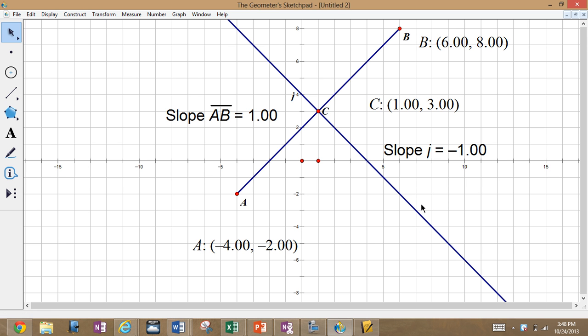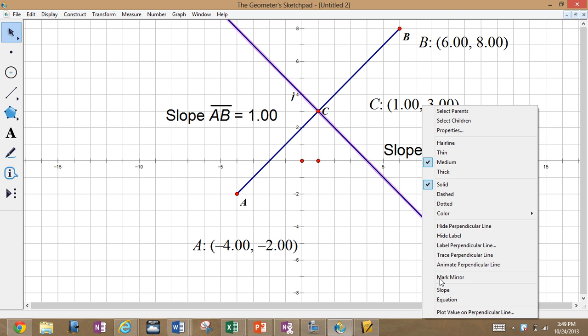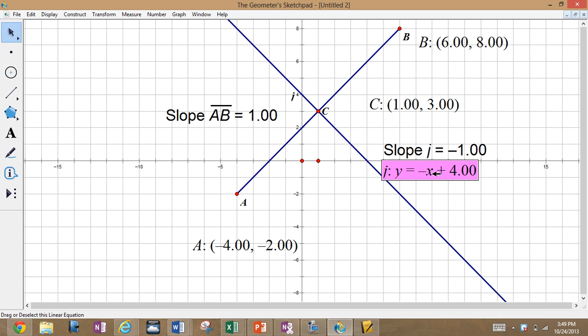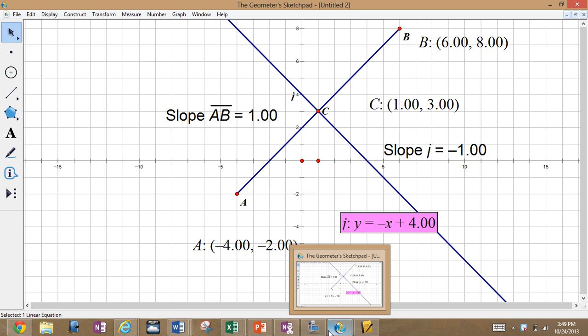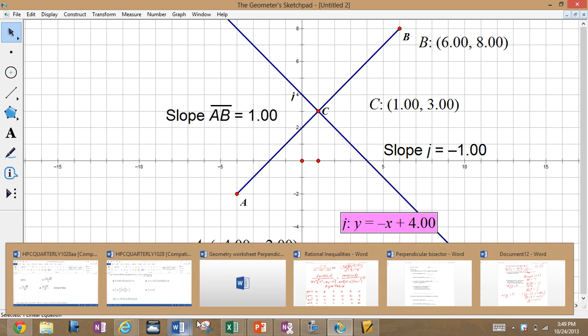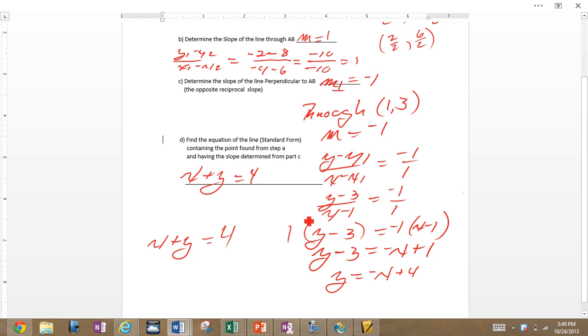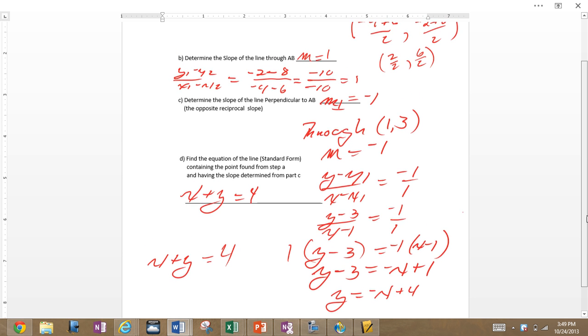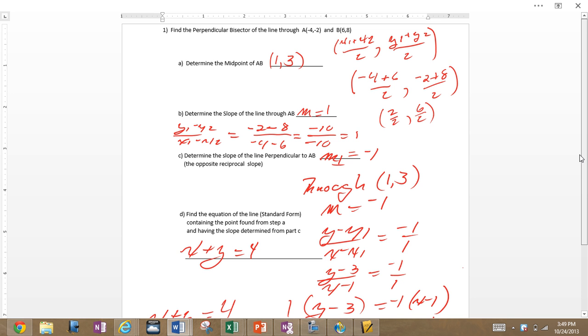Here we are. The equation of this line is exactly as we said, y equals -x plus 4, which coincides with the work we found here. And that's how we find the equation of the perpendicular bisector of a segment. Step by step: find the midpoint of the segment, and don't forget the midpoint formula.